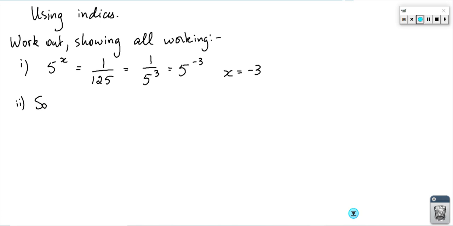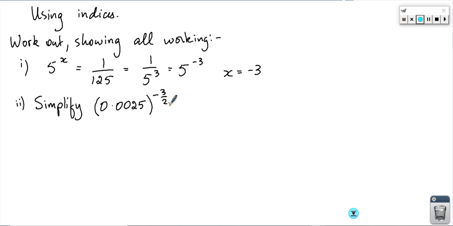Second example. Simplify 0.0025 to the power of minus 3/2. So I have this problem and I need to solve it.